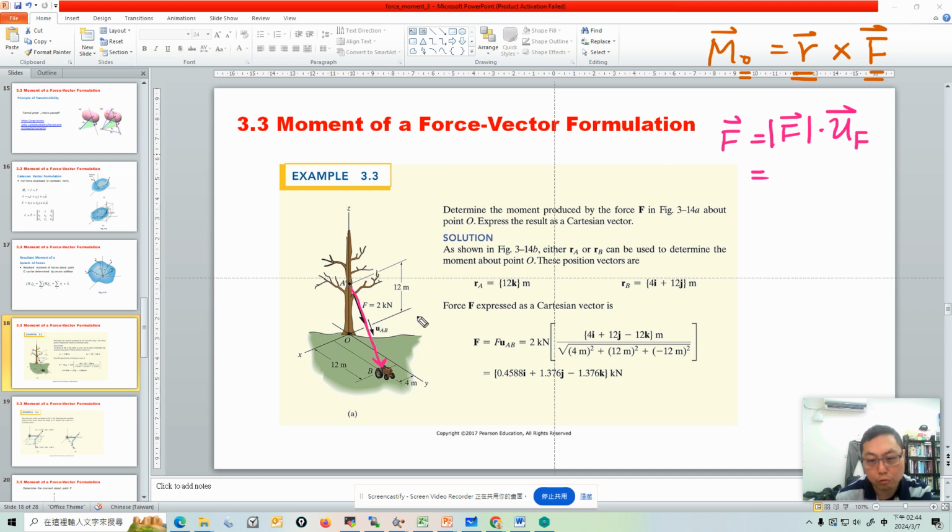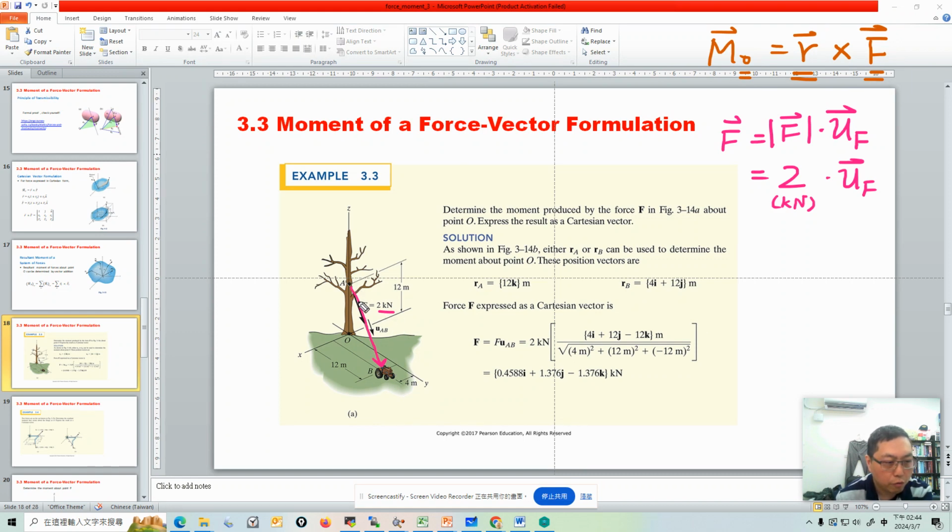So let's use kilonewton as the unit, so I just write 2, but remember this 2 means 2 kilonewton, times the unit vector of the force. So what is the unit vector of the force? In the previous video we introduced the concept called force along a line.